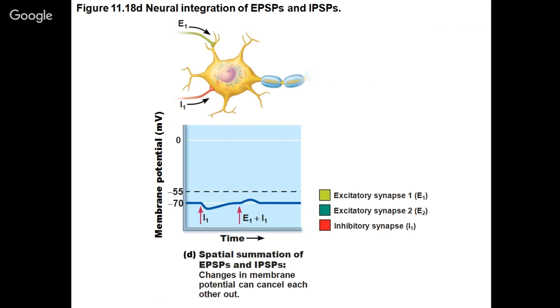And here, of course, it shows us the spatial summation of the excitatory potential over here, and then the inhibitory potential over here. They change the membrane potential and can cancel each other out. So both are happening at the same time in one neuron, as you can see in here.